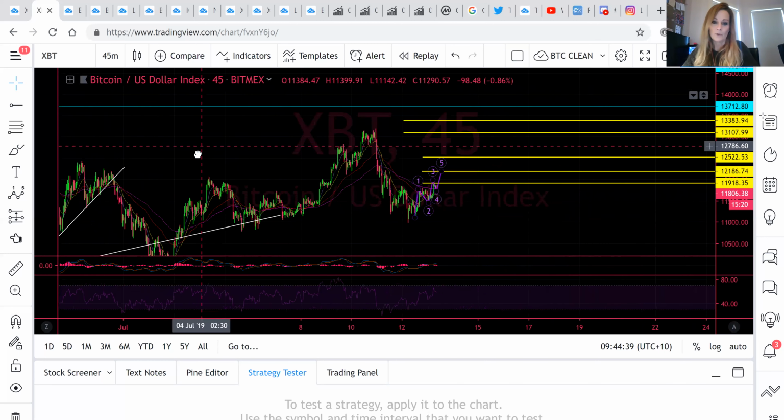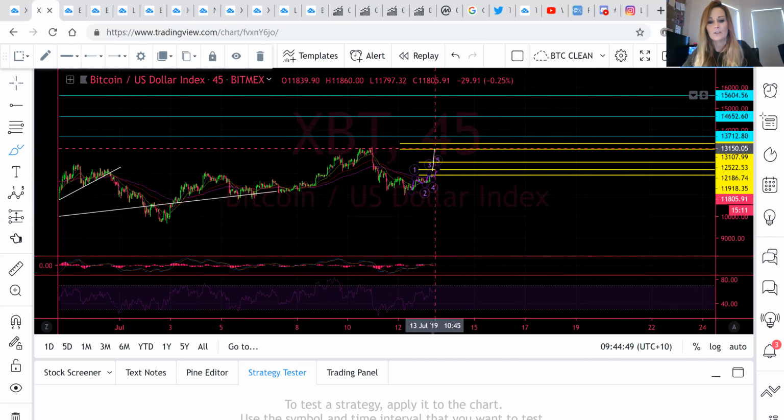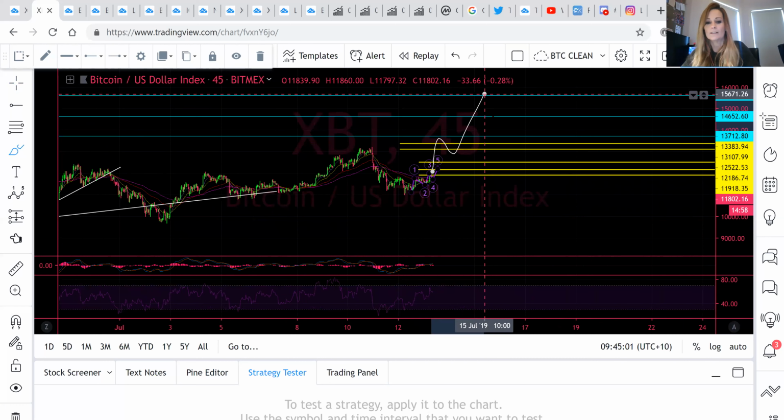Once we get to this, let's have a look. If this is an inverted head and shoulders, we're going up here. We're going to validate at our $13,000 mark, come back down for a retrace. If our retrace doesn't break beyond this point, then we're going to head higher and test higher.